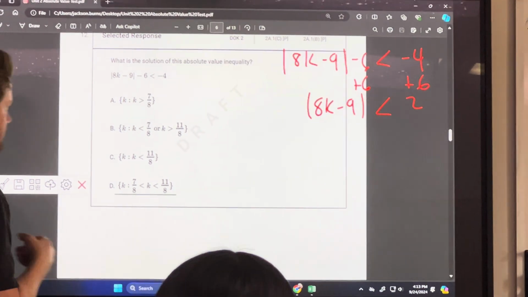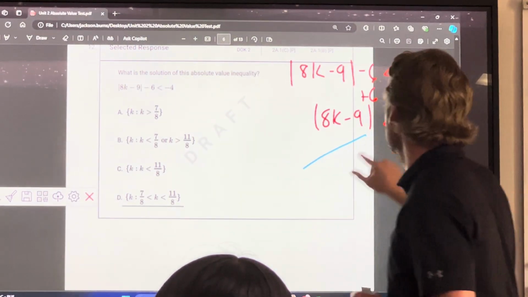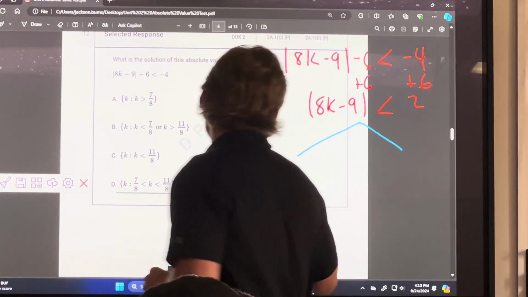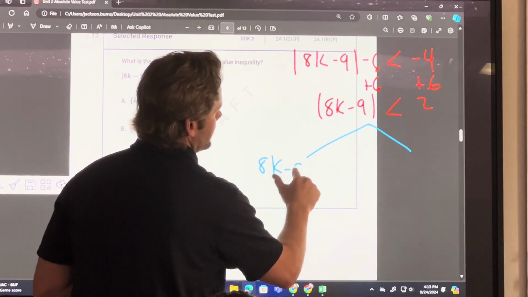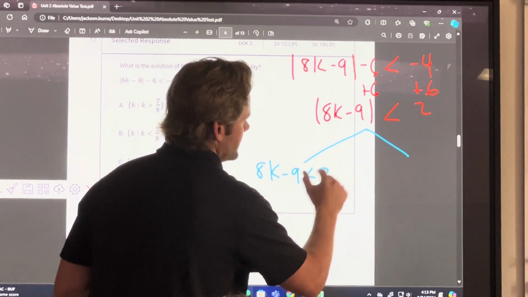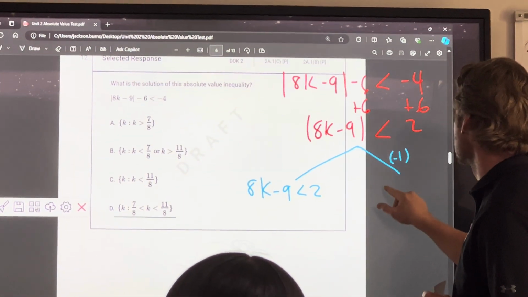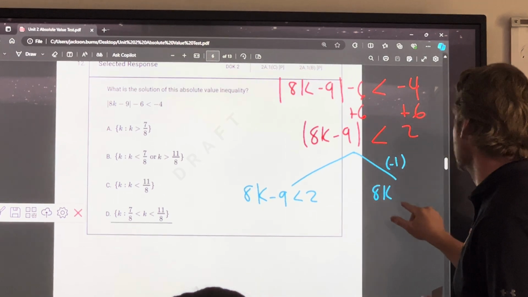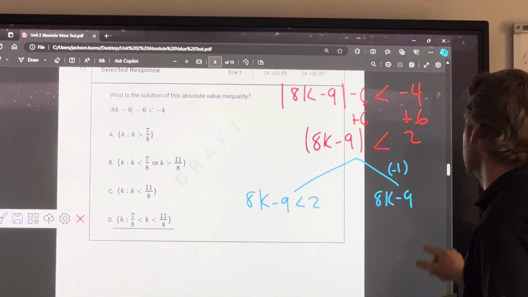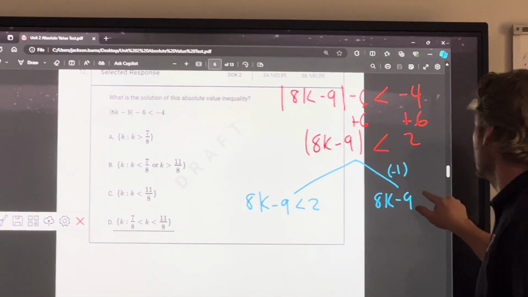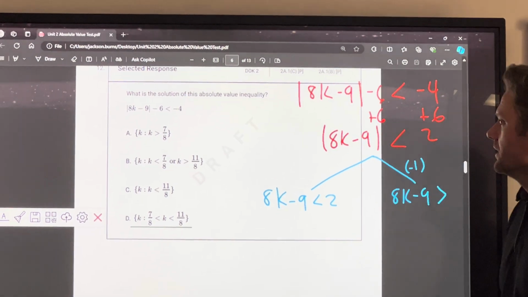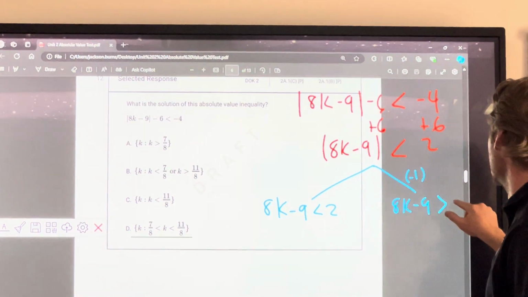Now I'm going to split in 2, and I'm going to do it in blue, right? So I get my 8k minus 9 is less than positive 2. On this side, make sure to multiply that other side of the equation by our negative 1. 8k minus 9. If I multiply by negative 1 on an inequality, I flip the sign.